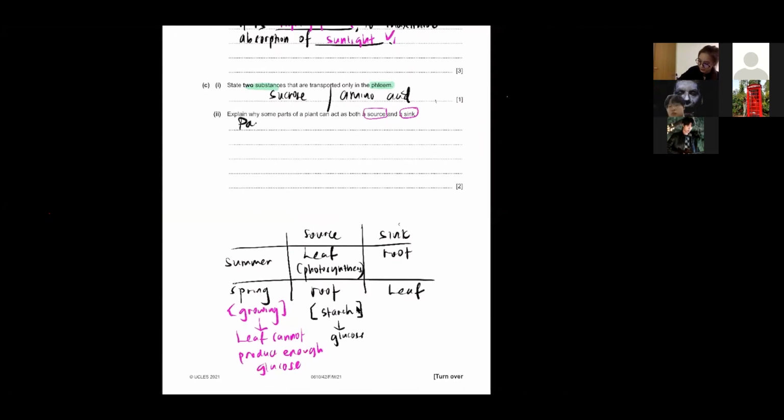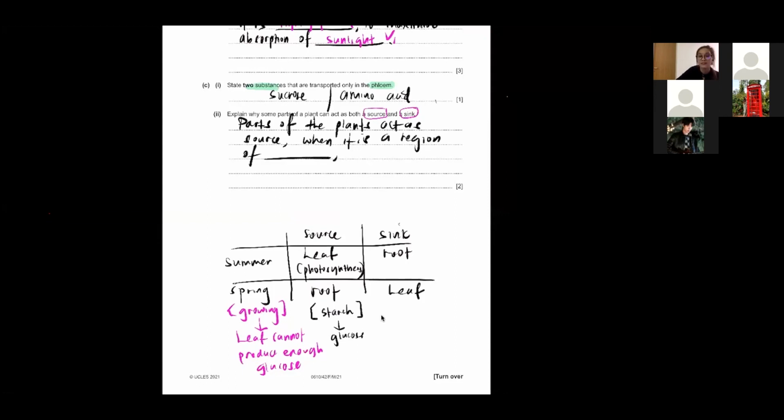Parts of the plant act as source when it is a region of production, or releasing the sucrose.